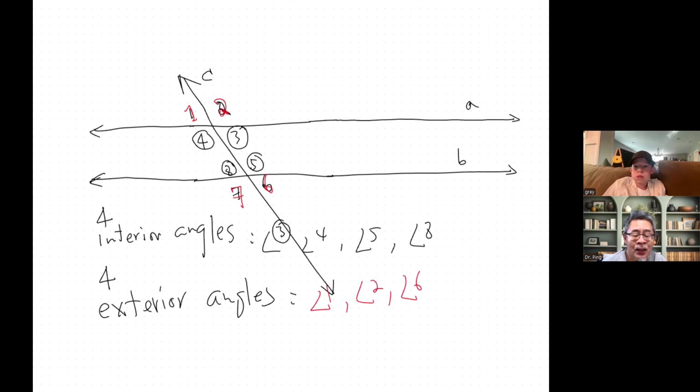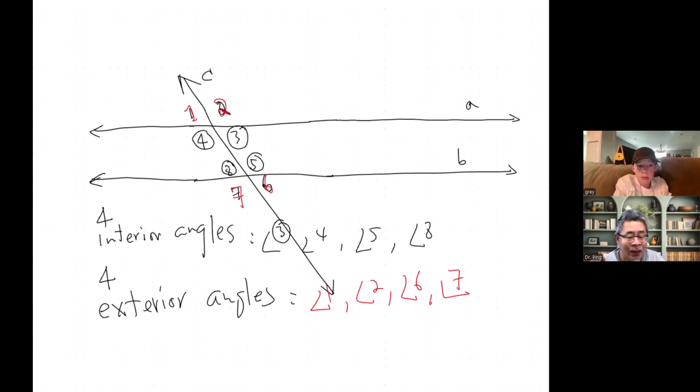So that's called exterior angles. Good? Grayson? Good. So that's our first classification. We separate them into 2 types. One are inside the 2 lines, we call them interior angles. We've got 4. Then we've got 4 outside, we call them exterior angles.